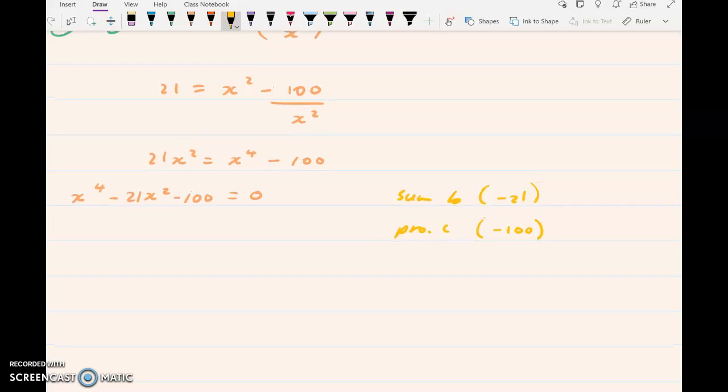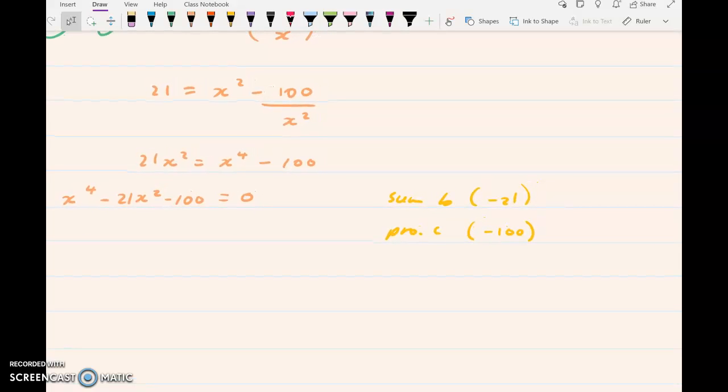One of them has to be negative because when they multiply they have to get a negative number. So I'm thinking 25 and 4, I think. Yeah, and if I make 25 negative and positive 4, I'll get -100, and minus 25 plus 4 will get me -21. Minus 25 plus 4.